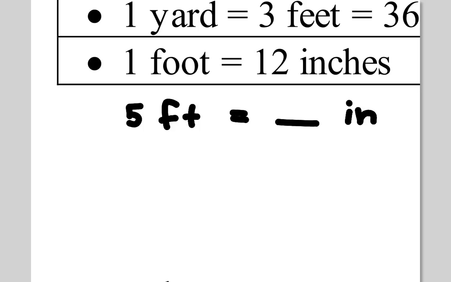You times by 12. Well, how do you know you have to times? Did your unit get bigger or smaller, feet to inch? Feet to inch, unit got smaller, so my number has to get bigger, so I times by 12. 60.